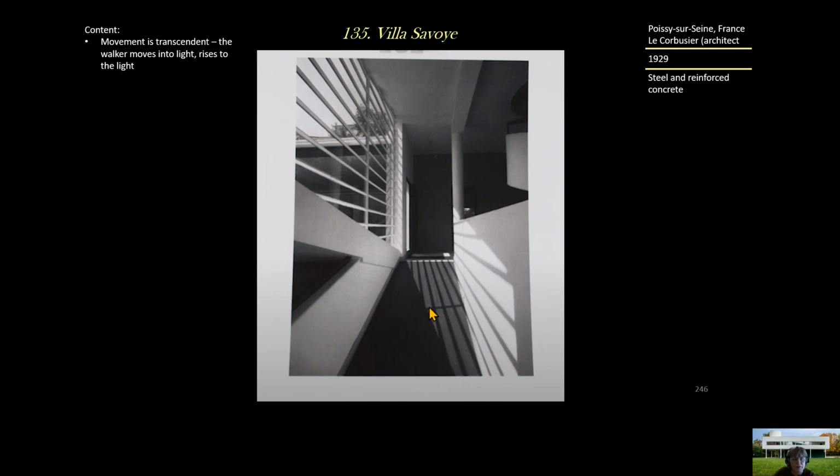So here you're walking up the ramp, and as you're walking, one architect described this movement as being transcendent, that the light coming down from the sky into that second floor terrace and onto that third floor is going to shine on the walker, and they're going to have this movement up to the next level that is like walking up the Acropolis to a temple like the Parthenon.